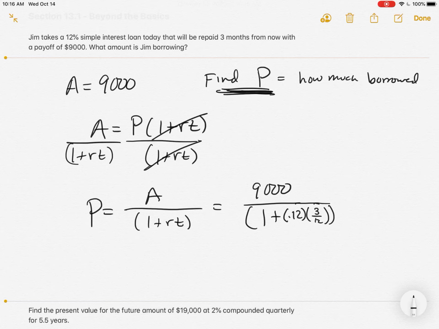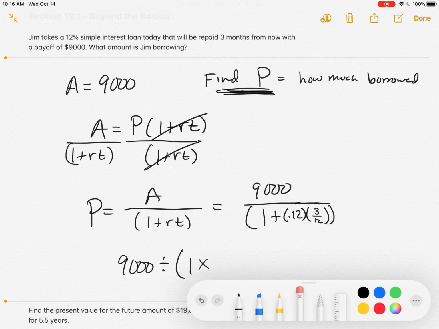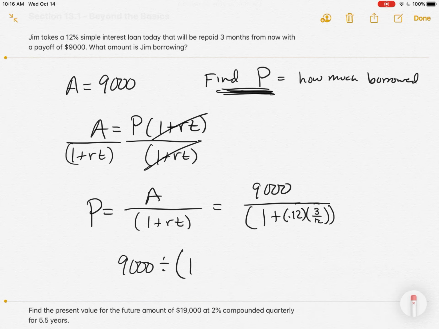So 9,000 divided by, and then I would use an open parenthesis, 1 plus 0.12 times 3 divided by 12, close that parenthesis, and then hit equals.